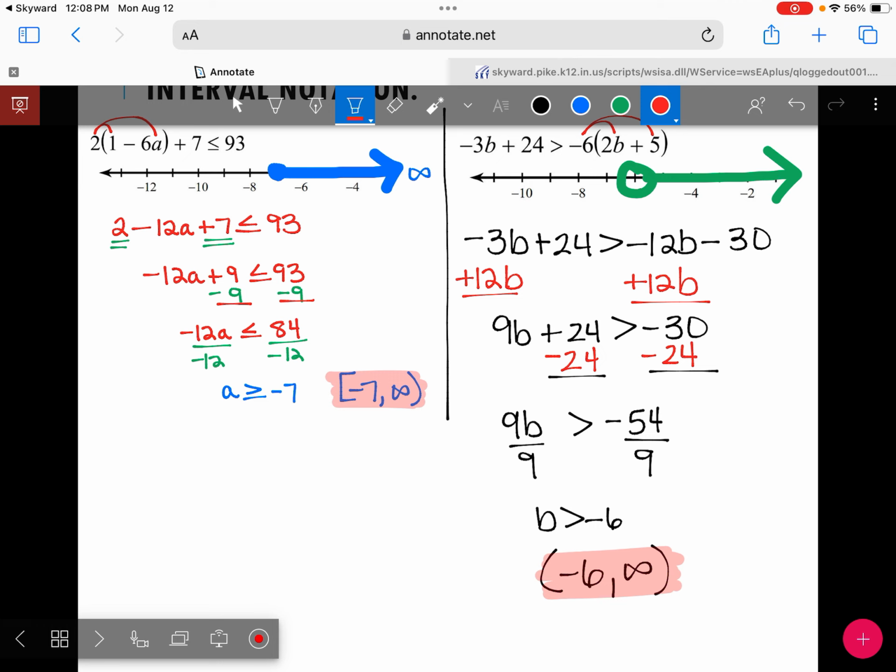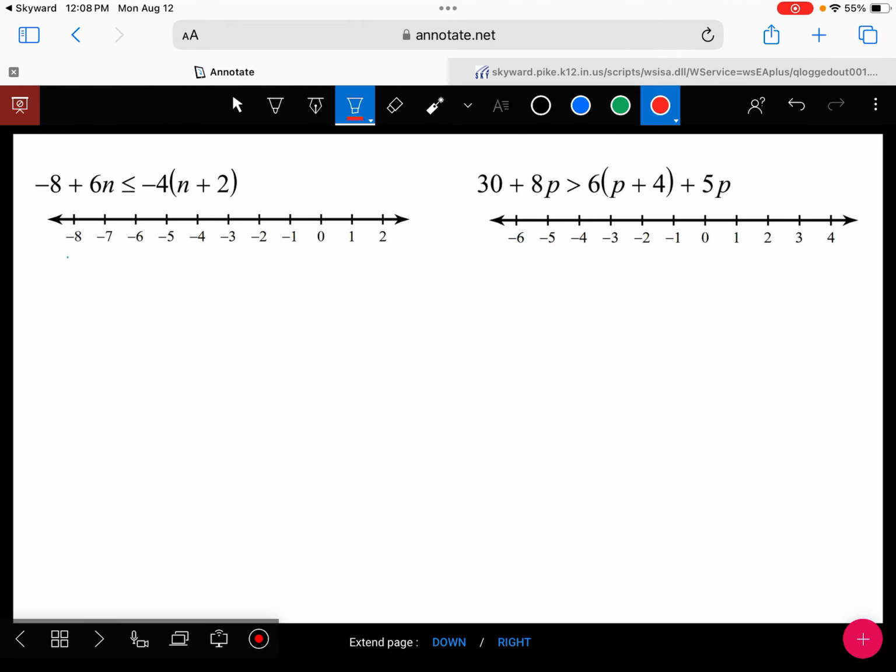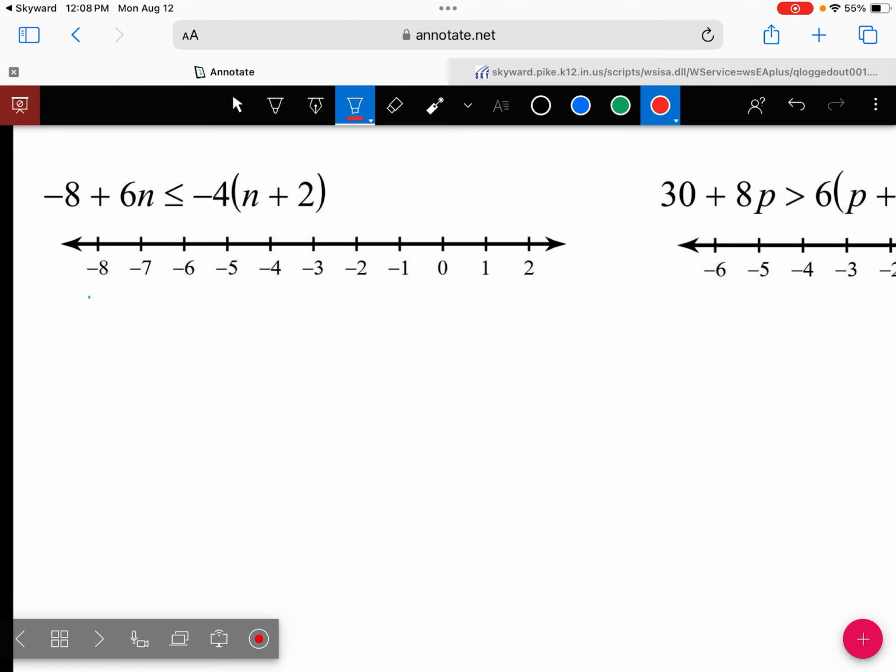All right, couple more questions and we're done for today. Go ahead and copy down these two. I try to pick some that look kind of hard, like with a lot of distributing and stuff.